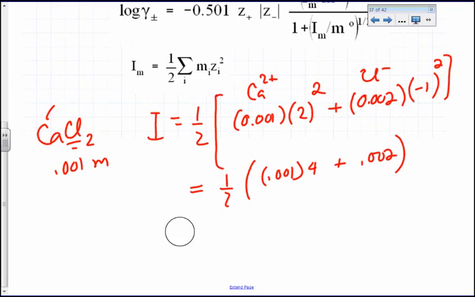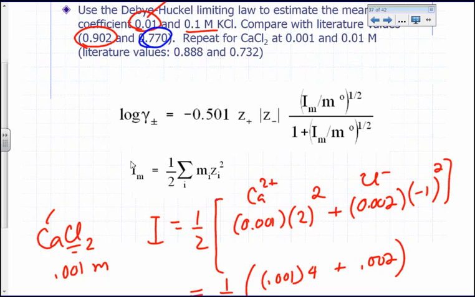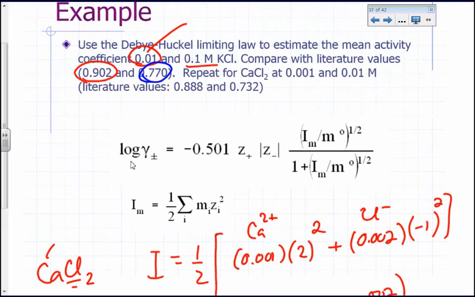And so that should give us 1/2 of 0.004 plus 0.002. That's 0.006 divided by 2. That's 0.003. So that is your ionic strength. You plug that in here, 0.003, and your calcium has a charge of +2, chloride has a charge of -1, absolute value of that is 1.